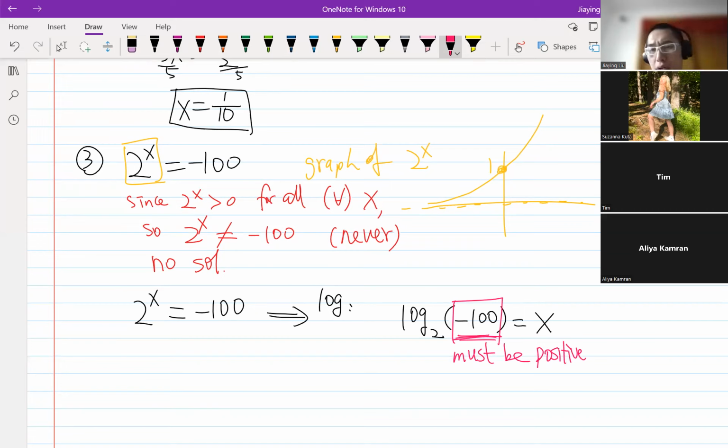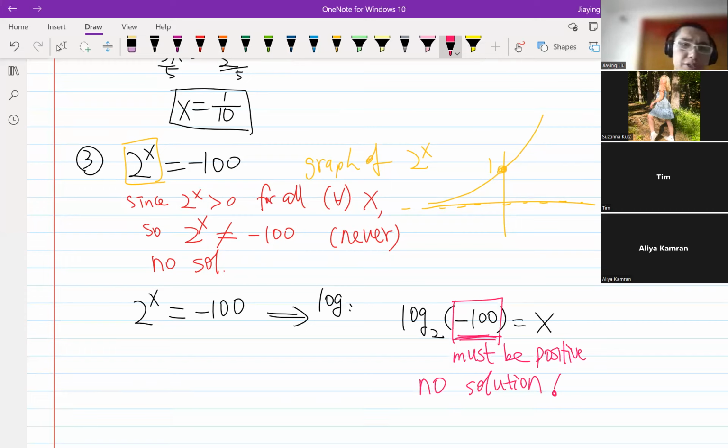We cannot have a log of a negative number. So if you end up with x equals log base 2 of a negative number, there's no such x. So no solution, because we cannot have a negative number.